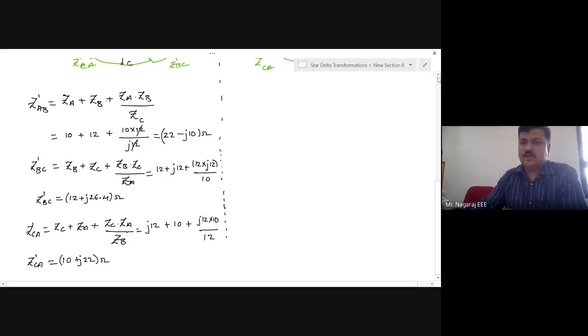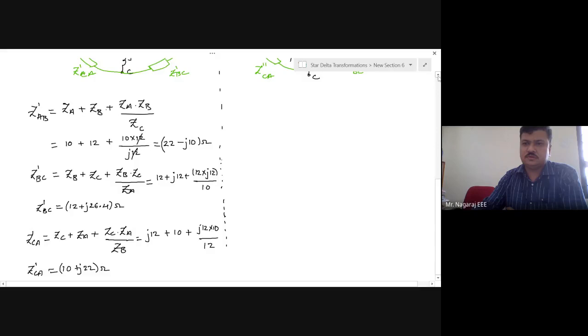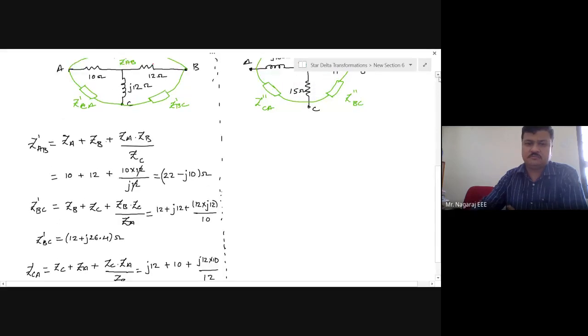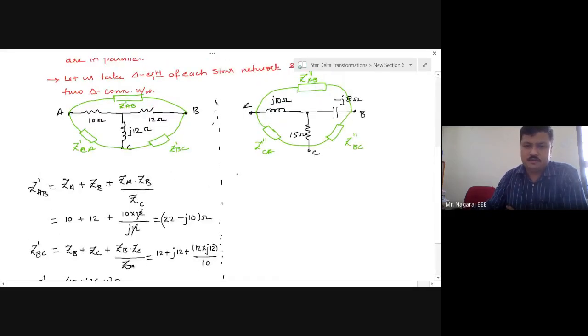Now doing the same thing in the other conversion, ZAB double dash. Shall I directly substitute? I will not use the formula. The same formula gets applied here. So ZAB double dash is ZA plus ZB plus ZA into ZB by ZC.